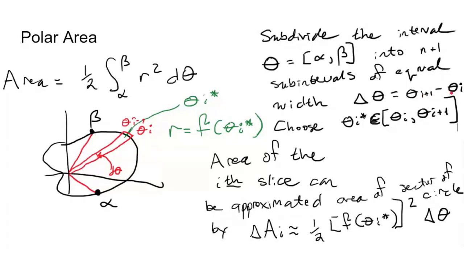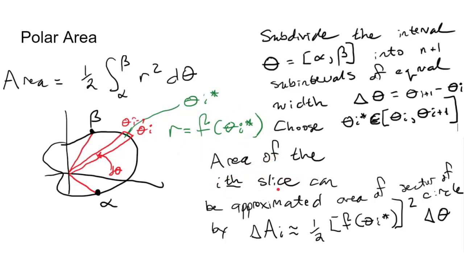So I guess i ranges from 0 to n. And then we choose a test point in one of these intervals. We can see it in green right here. And we'll use this as the approximate radius, the angle at which the approximate radius occurs. And we can make these so thin that this approximate radius will actually be like the true radius.